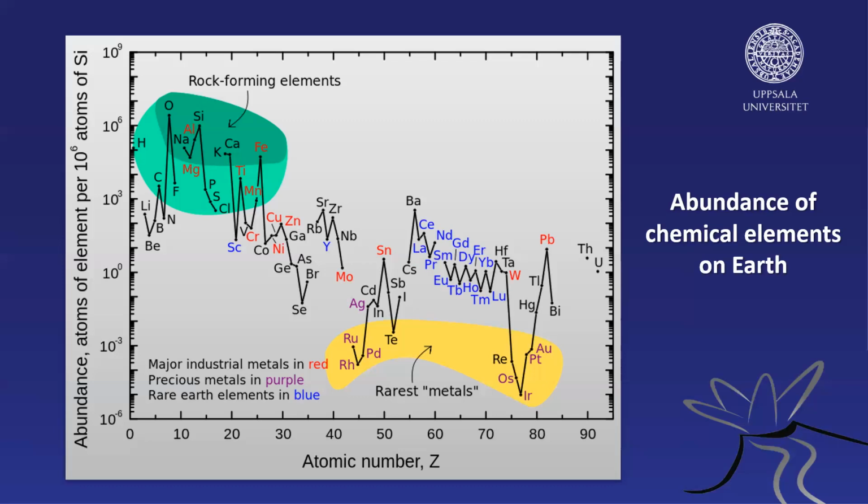They are less abundant by a factor of, I think, 1 billion. So this stuff is really rare in the solar system and on Earth. And that's also the case for gold.